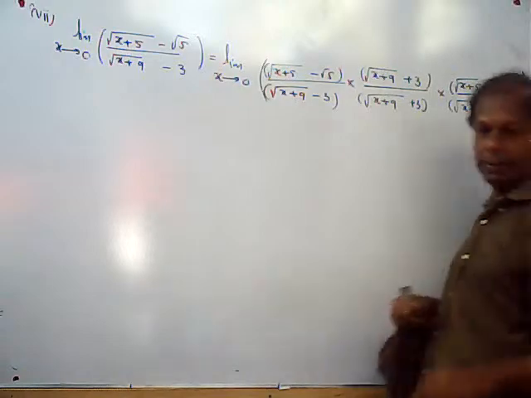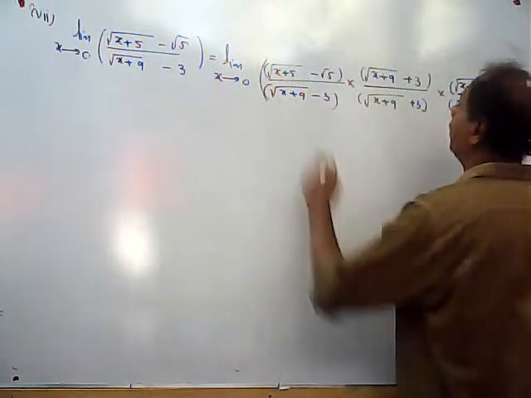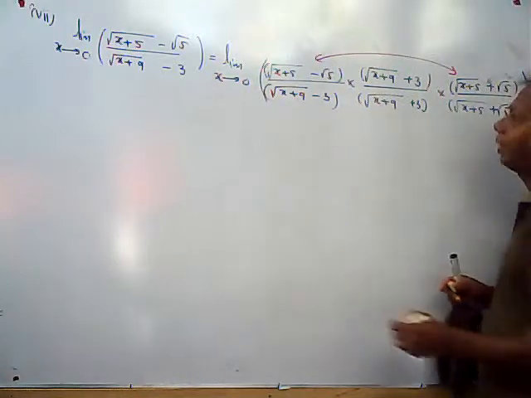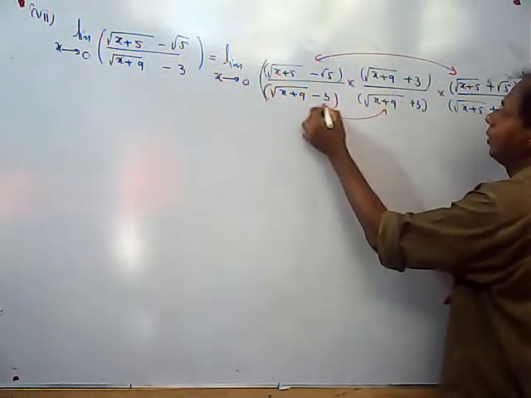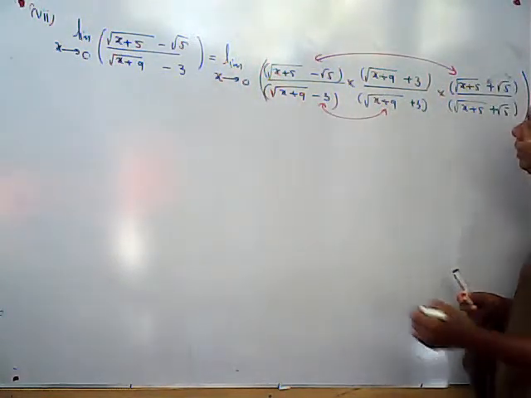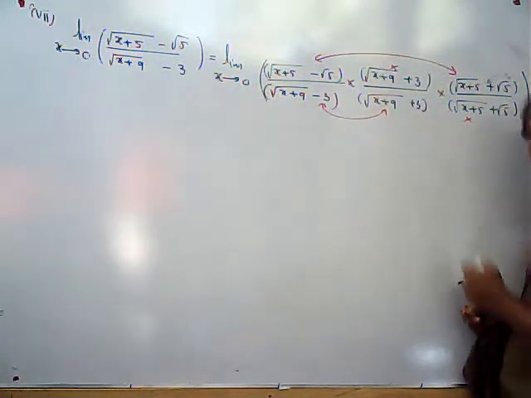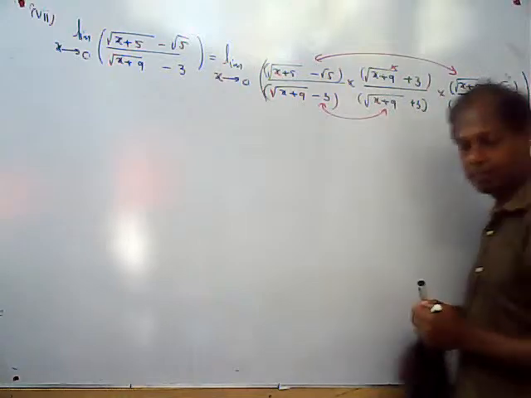Now we can take these two together, a difference of squares, and these two together, a difference of squares again, leaving this term and this term, no harm with them, so we will take them separately.